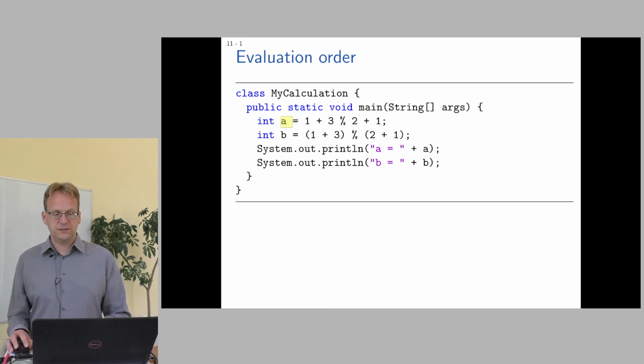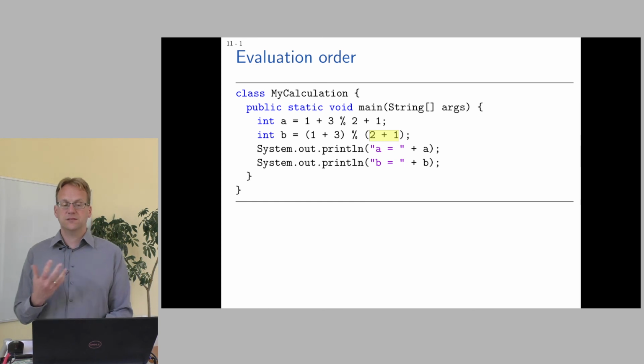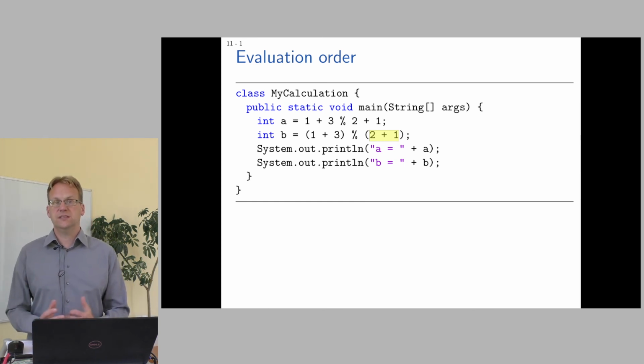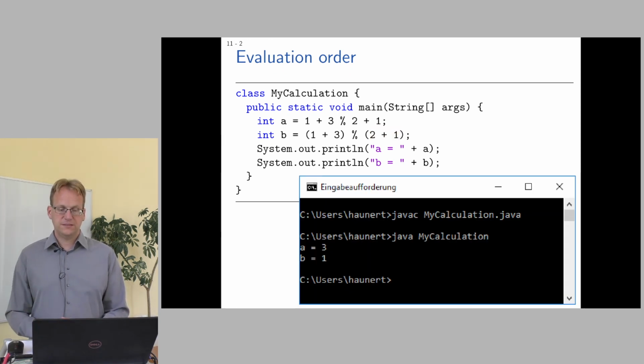However, here I have introduced these round brackets to increase the priority of the plus operations. So now we have 4 modulo 3. And what will be the outcome then? 4 modulo 3, the integer remainder of 4 divided by 3, is 1. And now, if we run this program, we also see a is equal to 3, b is equal to 1, as expected.